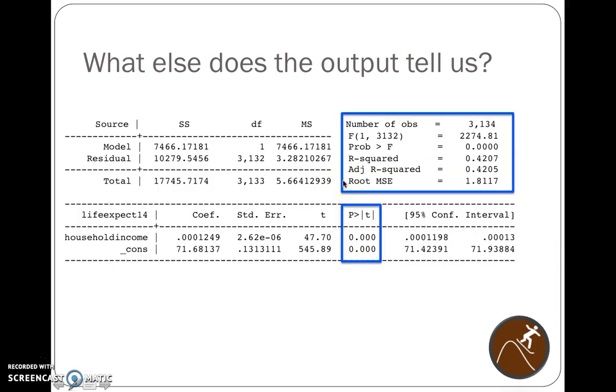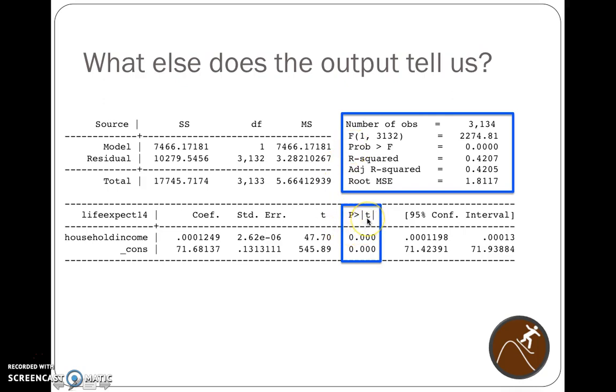Now if you only have one variable like household income and it's significant, then the p-value for the whole model will also be pretty similar, if not exactly similar. I'm not for sure if the software computes the p-value a little differently between here and there, but it's usually pretty similar.